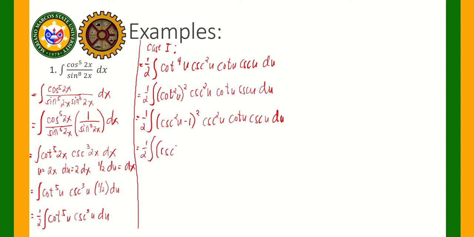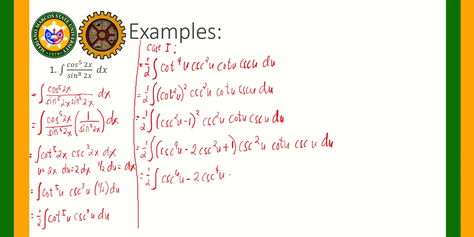This is cosecant raised to 4u minus 2 cosecant squared u plus 1, multiplied by cosecant squared u, cotangent u, and then cosecant u du. So let's distribute cosecant squared u here. So this will be equal to 1/2 times cosecant raised to 6u minus 2 cosecant raised to 4u plus cosecant squared u multiplied by cotangent u cosecant u du.